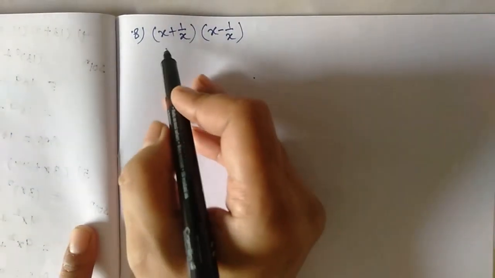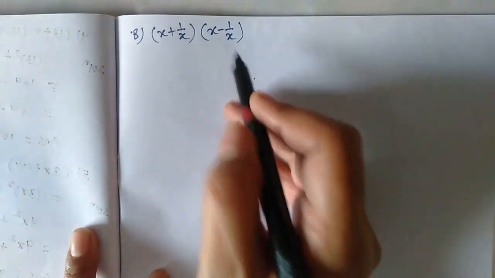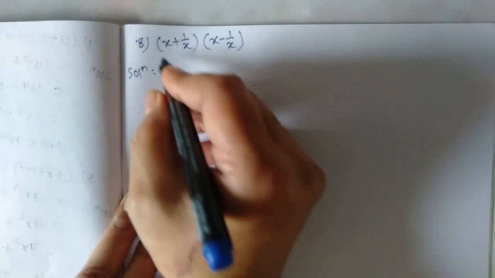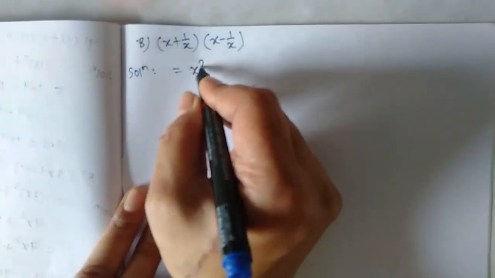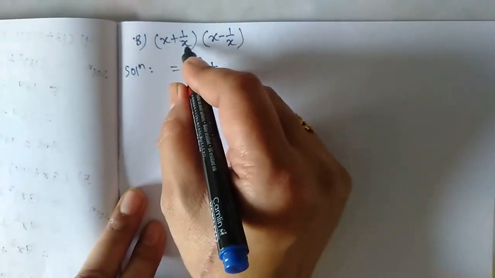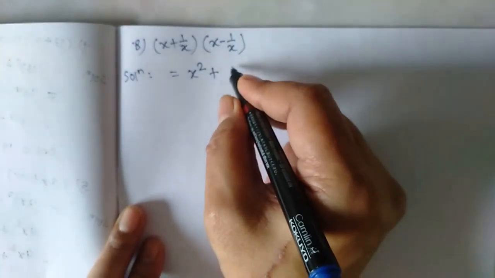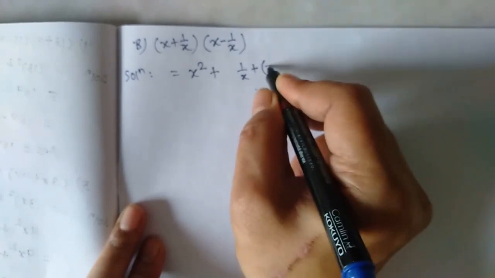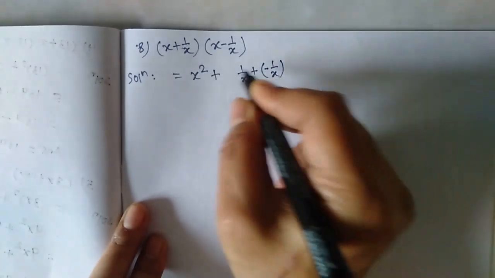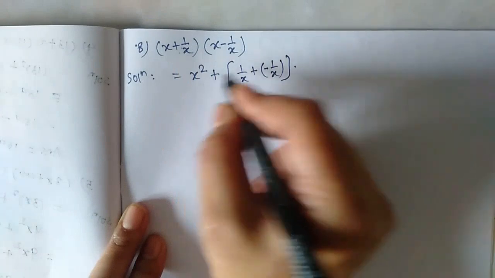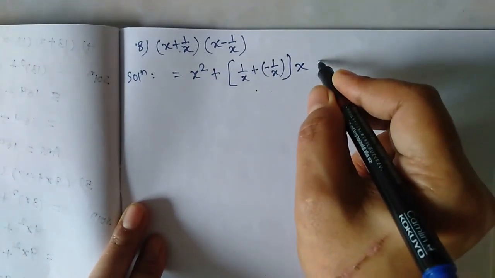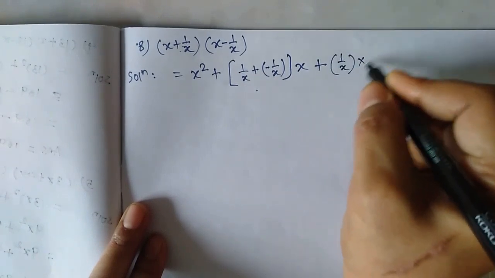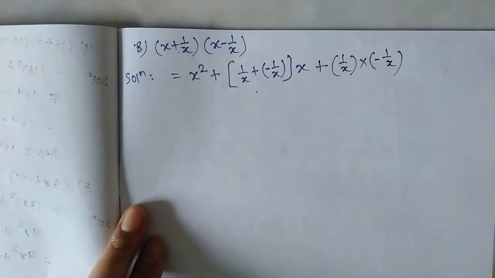Next question. x plus 1 upon x into x minus 1 upon x. Write down the solution by applying the formula. First term square plus take the addition 1 upon x plus minus 1 upon x into x plus, now take the multiplication, 1 upon x into minus 1 upon x.